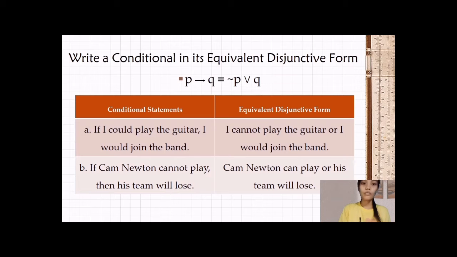In its equivalent disjunctive form, we will write the negation and disjunction of the statement, which is, I cannot play the guitar or I would join the band. Another example, if Cam Newton cannot play, then his team will lose. Its equivalent disjunctive form is, Cam Newton can play or his team will lose.